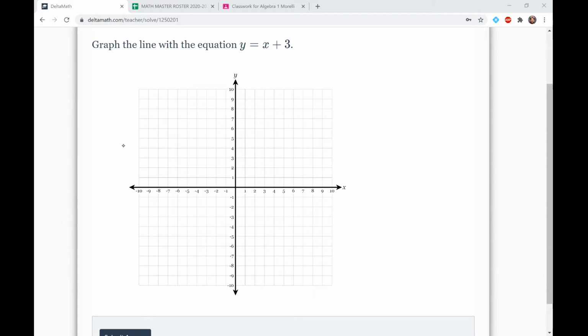So in this case, we have a slope of 1, and that really means 1 over 1. The top number is the rise. The bottom number is the run. This means go up 1 over 1.